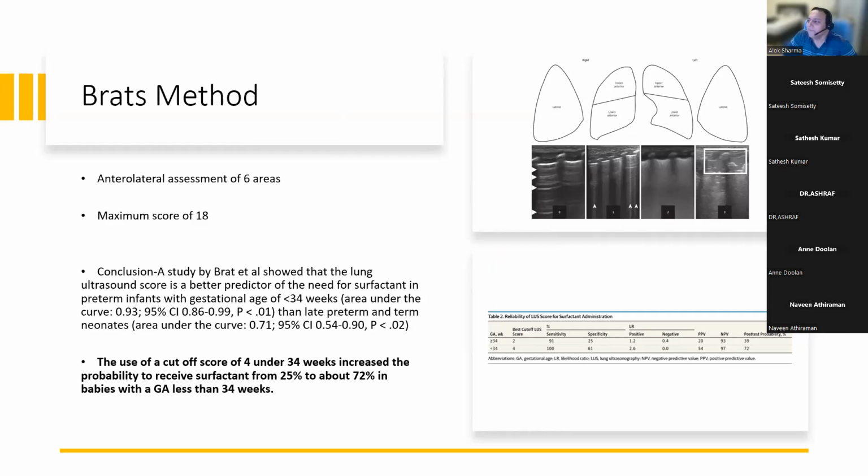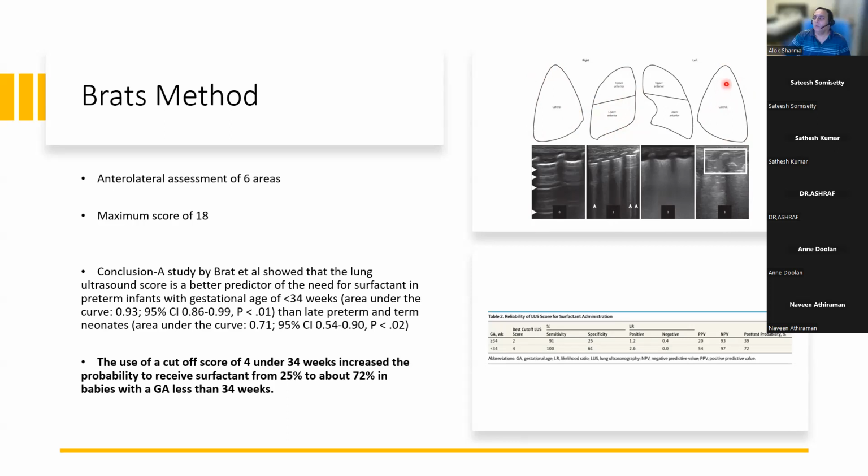Our classification has R1, R2, R3, R4, L1, L2, L3, and L4. The calculation is done by looking at the morphological profile on lung ultrasound for R1, R2, and the lateral region, which is a mix of R3, R4, L3, L4.